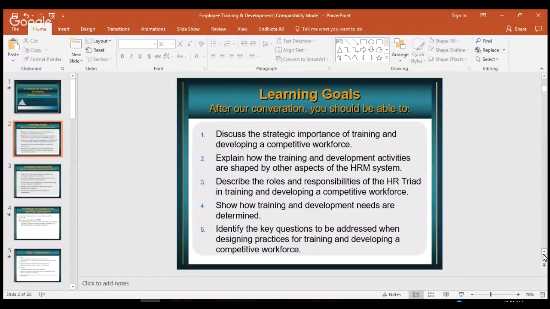In creating learning organizations, we have to invest in training development to ensure that we are learning new skills, new competencies, and able to align those to the strategic intent of the organization. We also explain how training development activities are shaped by other aspects of the HR system.